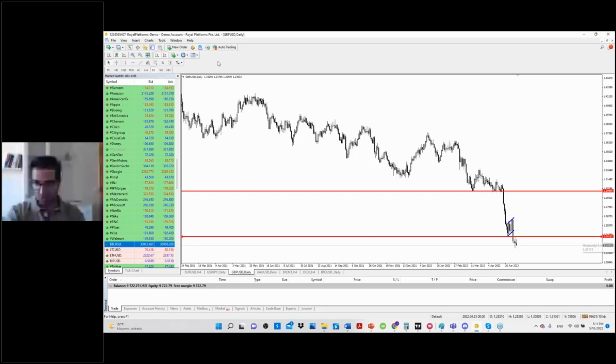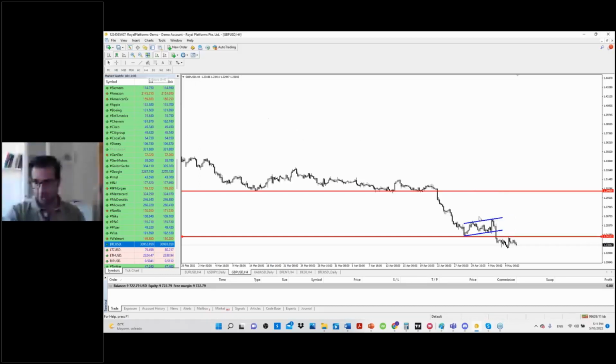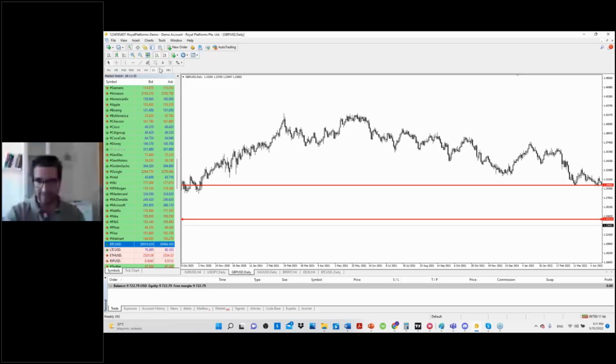So the market managed to break it and close below the lower end of this bearish flag, as you can see here, with this big bodied bearish bar. And also we have a breach of this swing low, which is 24.11. So most probably the pound will continue its move to the downside all the way down to this level here.